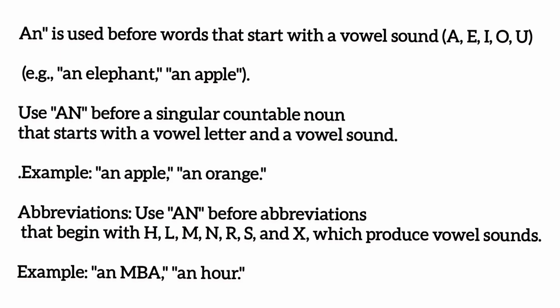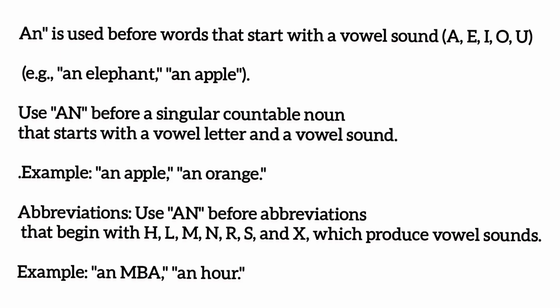I have already told you: vowel letter and vowel sound. Both should start with a vowel. An apple, an orange. For some tricky ones, if the abbreviation starts with these letters, you have to use an.